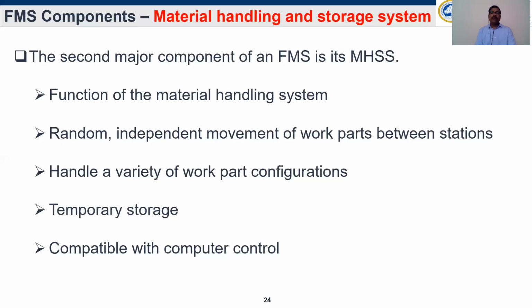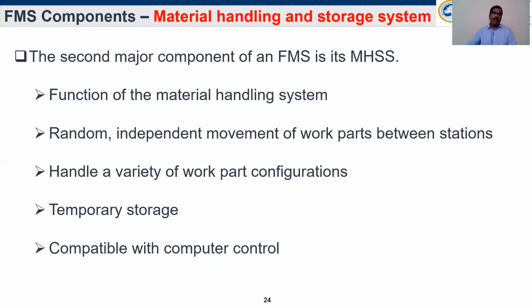So the material handling and storage system should handle that situation, and also handle a variety of work part configurations, because the part families will be more. Then temporary storage is needed. Between machines, maybe one machine is doing the process, so material moved from machine A needs to wait for the next operation at machine C. In that sense, there should be a space to store it temporarily, not permanently.